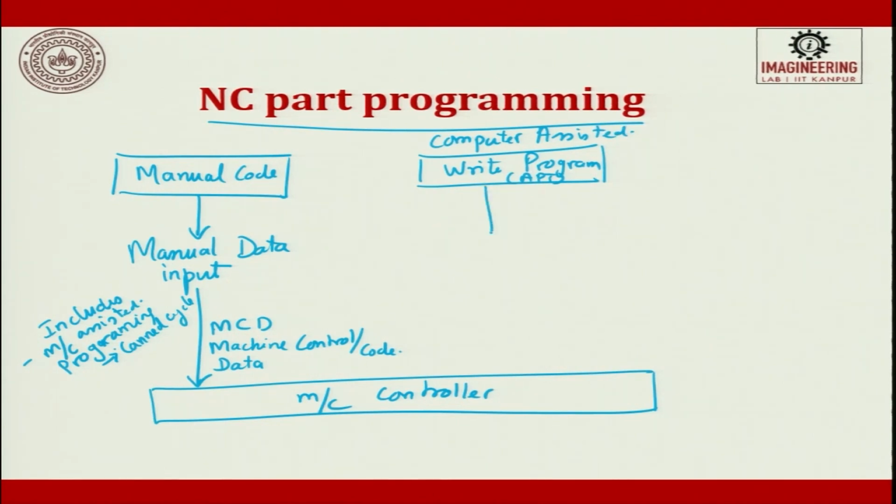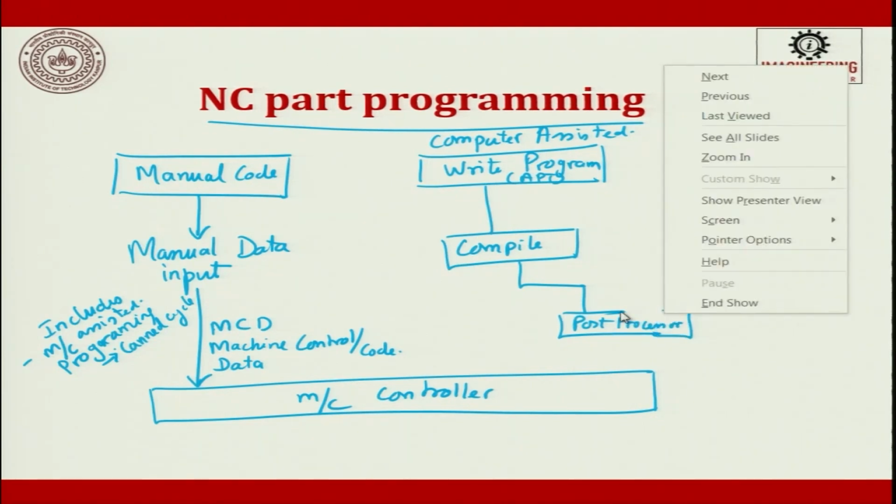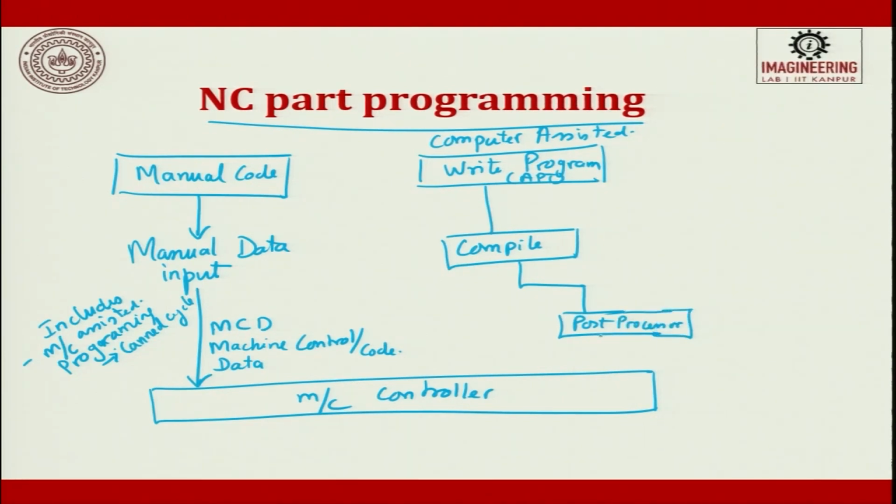This goes to a compiler, and then it goes to a post processor, and then it goes to an MCD. So, here there is a source. You will have a source code, the source for APT.